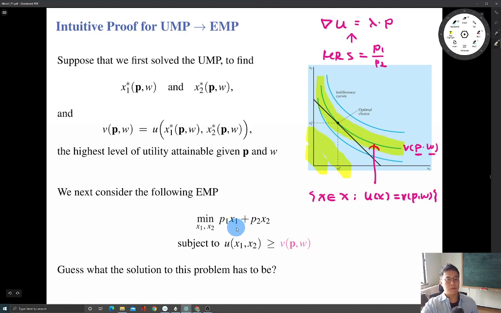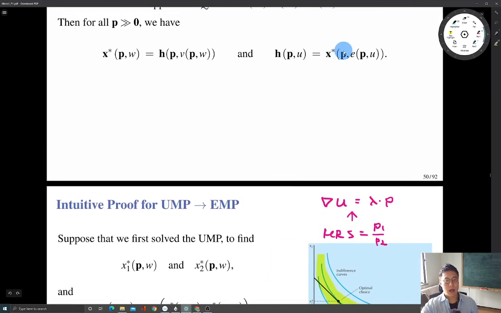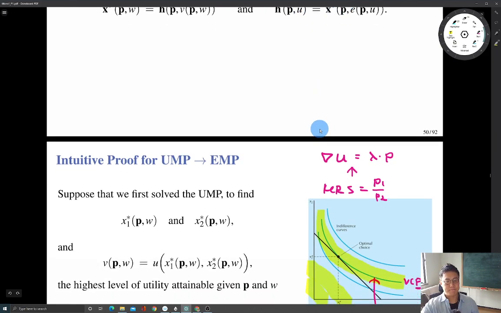Meaning that the solution to this problem, EMP, which can be written as Hicksian demand given price vector P and this indirect utility, will be the same as the previous Walrasian demand. So by the same line of reasoning, you can show that these two are equal to each other.